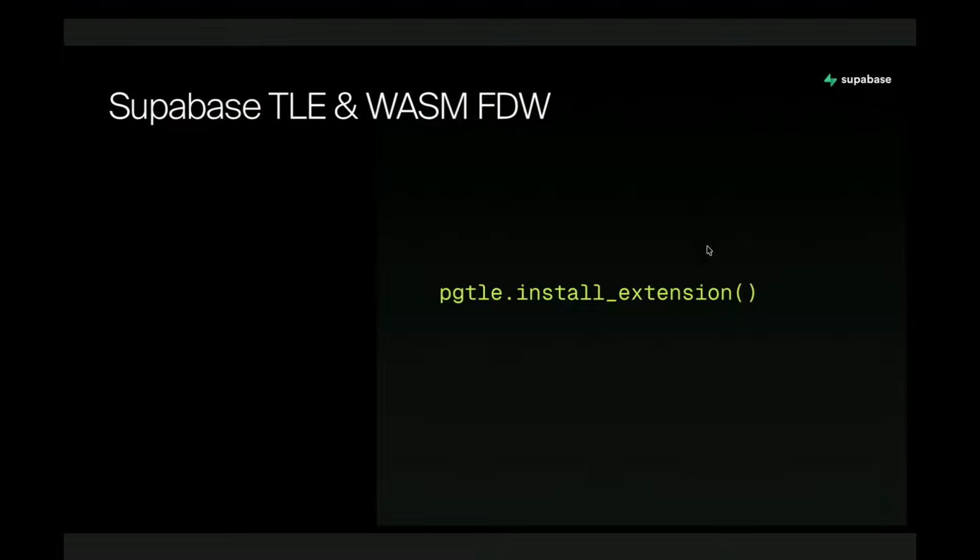The second way which we let users bring in more extensions without compromising security is via this framework called TLE. So TLE is Trusted Language Extensions, which is a framework or an SDK that AWS came up with. And using this, you are able to write extensions in a trusted language within Postgres.